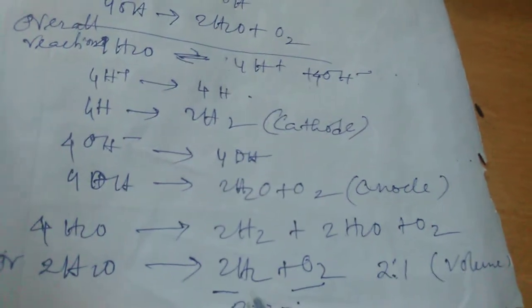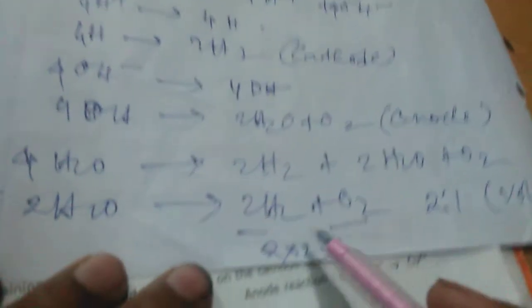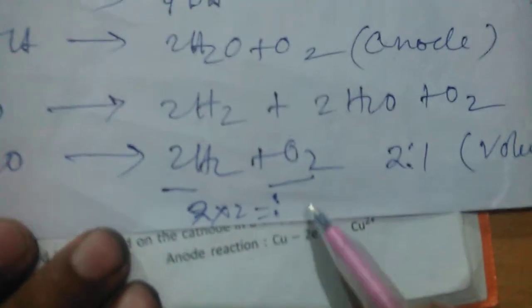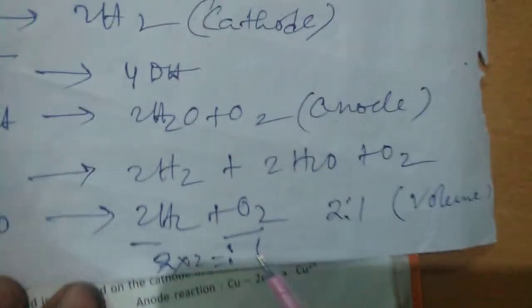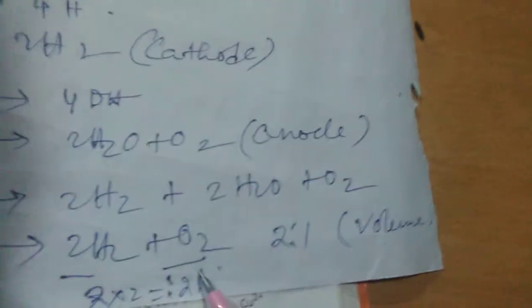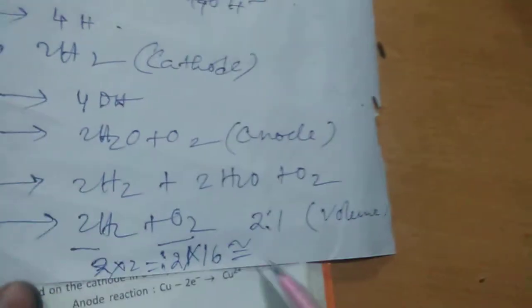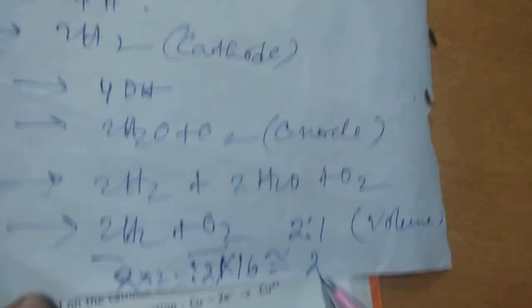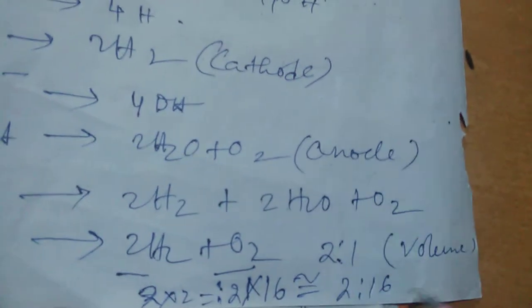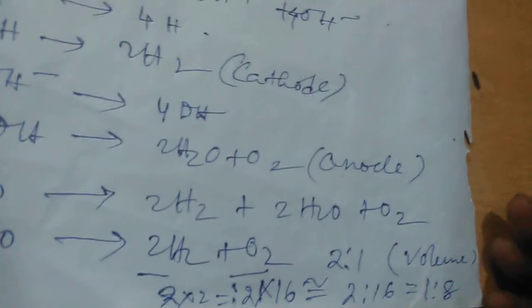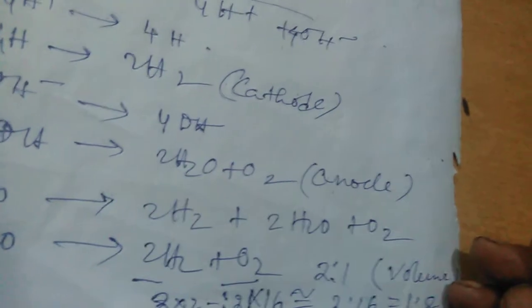The mass ratio of hydrogen to oxygen will be 2 into 2 is to 16 into 2, equivalent to 2 is to 16, equal to 1 is to 8. This is the electrolysis of water.